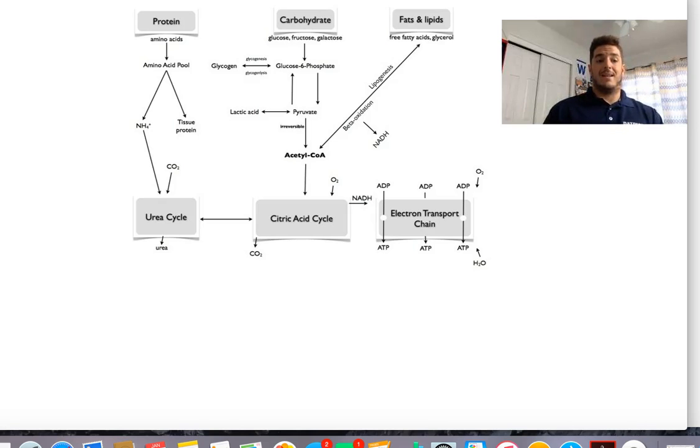What happens is that this fatty acid is broken up 2 carbons at a time, which turns into 2-carbon acetyl coenzyme A. This is called beta oxidation. So it's going to follow this process right here. Then they are broken down in the Krebs cycle or the citric acid cycle as if they were sugars.